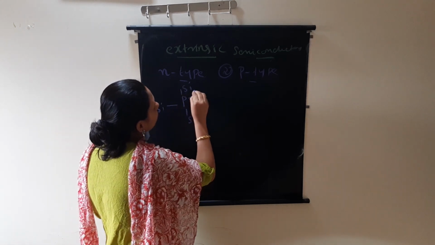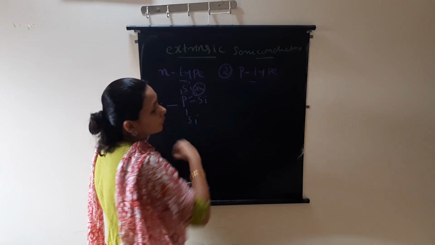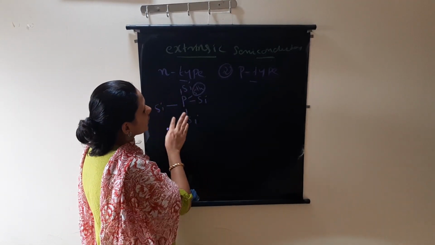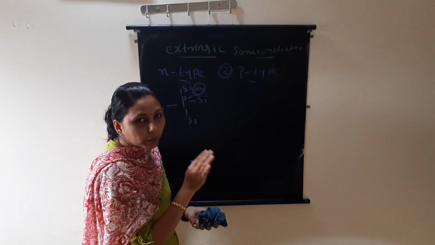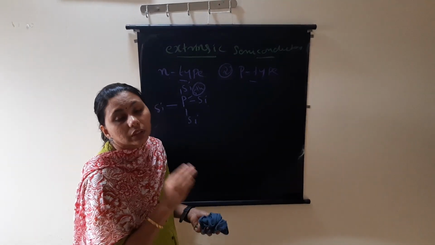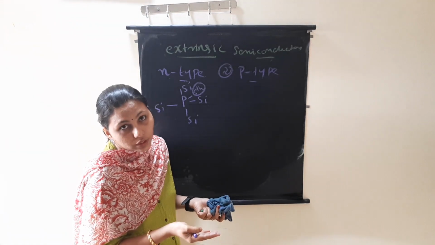Phosphorus has 5 valence electrons. Of these, 4 valence electrons are used for forming bonds with 4 silicon atoms. But the last one, the fifth electron, is not used there.